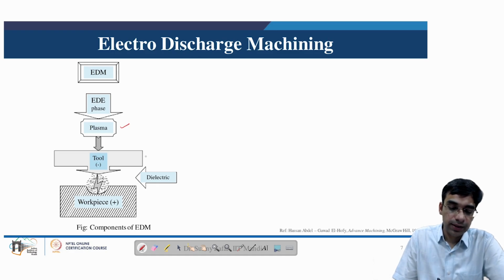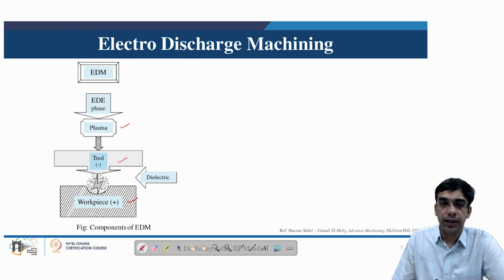This plasma phase is generated between the tool, which is a conductive tool, and the workpiece. So in between, to control the discharge characteristics or the plasma characteristics, generally we introduce a dielectric fluid. We will understand more details about the dielectric fluid in the next few slides.